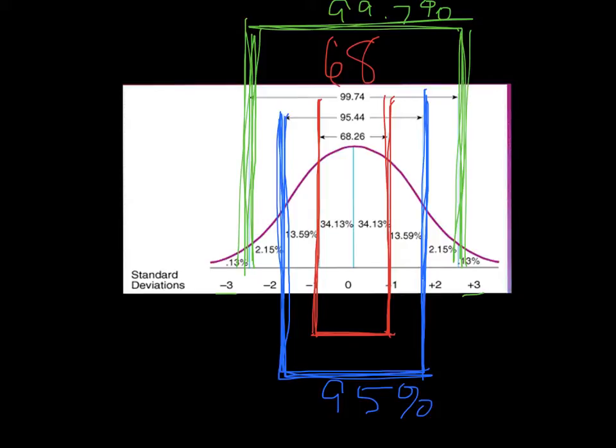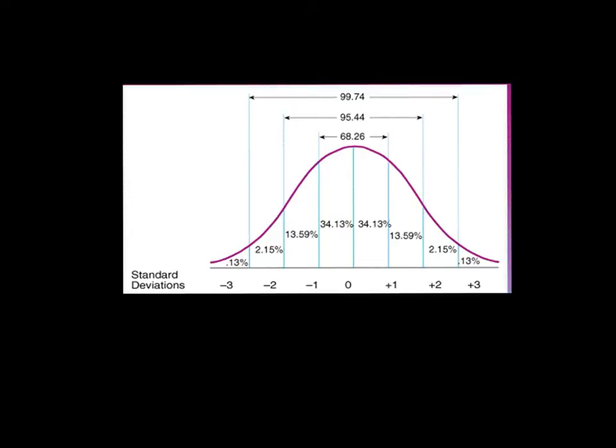Now, also, if you notice inside the image that I have here, there's other percentages that come up that you can figure out based off of this 68, 95, 99.7. And let's look at those percentages carefully. Let's start in the middle. Let's not assume anything. Right here.